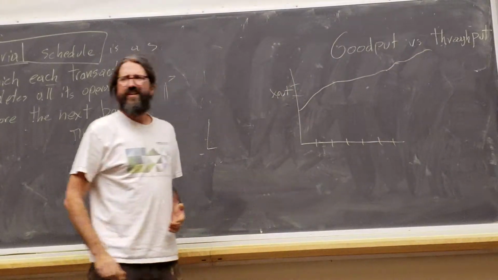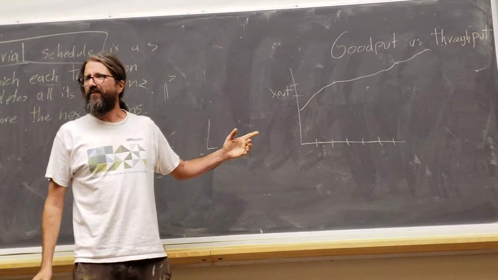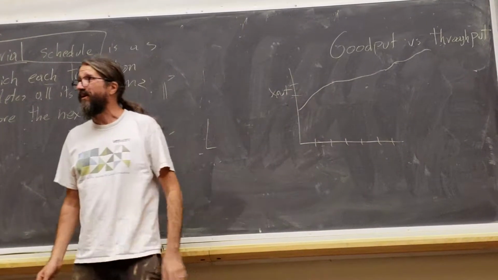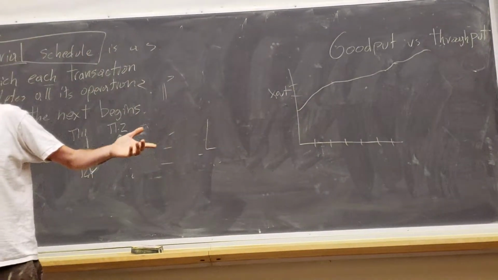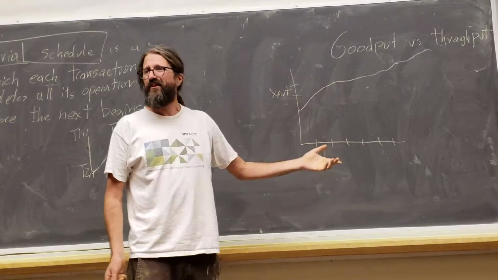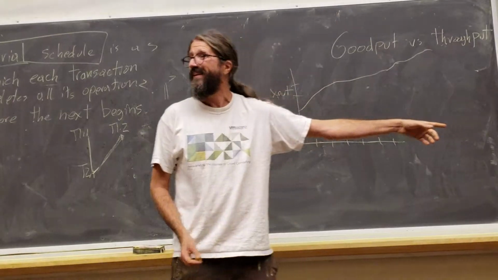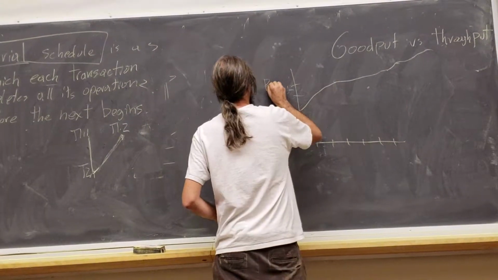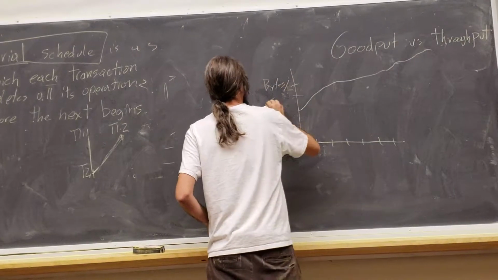But here's the thing. How many of those transactions are throwing away their work? How many of those bits that you push through the network are you going to have to just push through the network again? And why are you rewarding yourself for the bits that you push through the network that were useless because they got aborted? So in some sense, this is like whatever, bytes per sec or whatever.